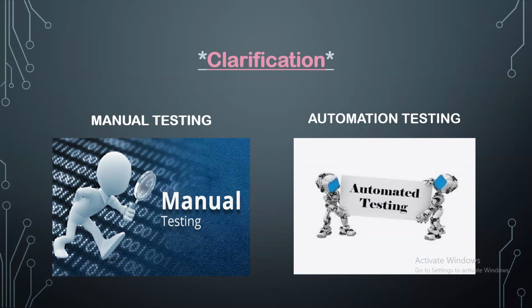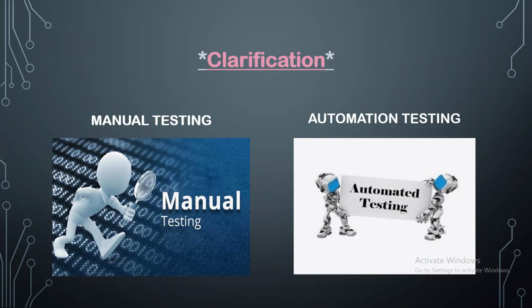In the manual case, we require proper human attention at all times, but automation doesn't require any human interaction. We just need to run the test cases, execute them, and see the result. This is how manual and automation testing work.